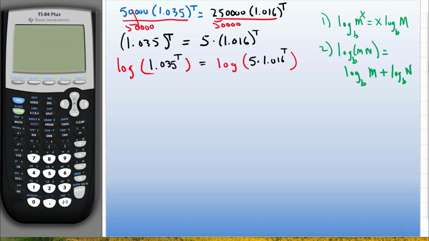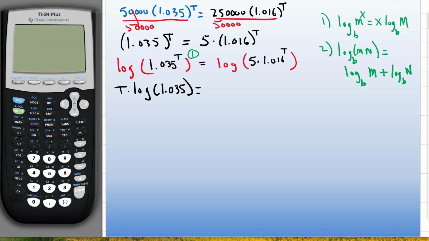Okay, so I'm doing the log on both sides of the equation, and I'm looking at what I can do to simplify. Clearly on the left side, I can use rule number 1 right here, so I'm going to multiply t times the log of 1.035.